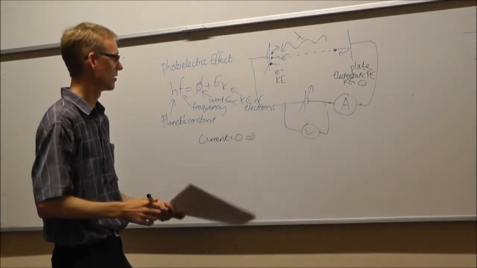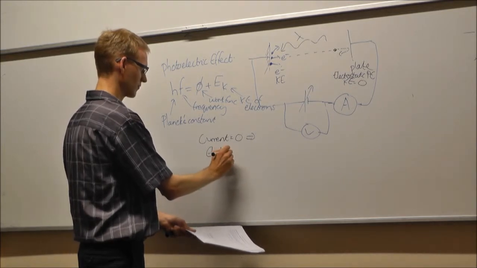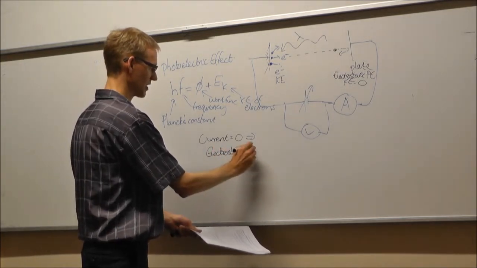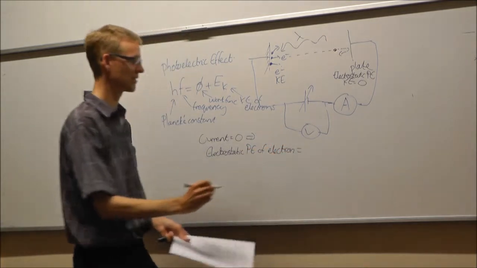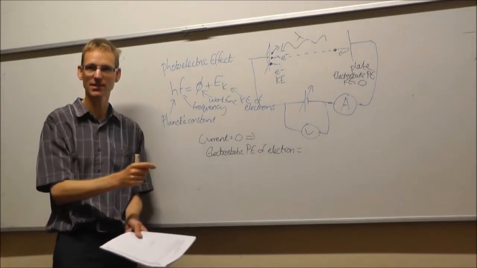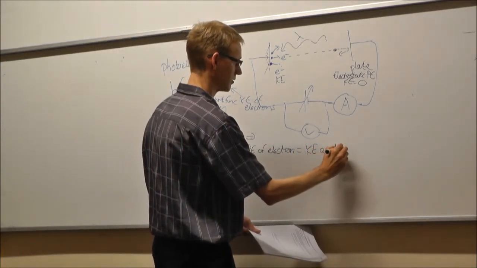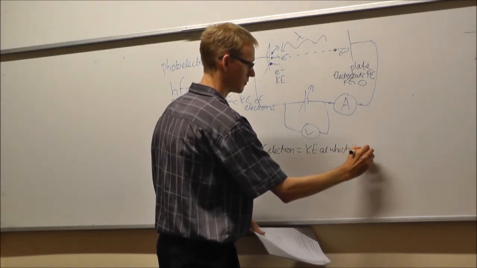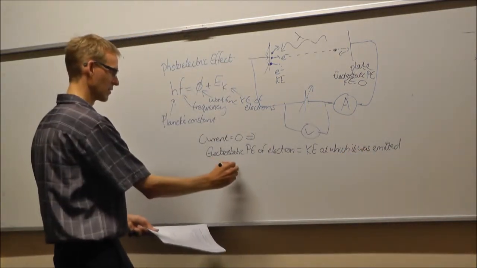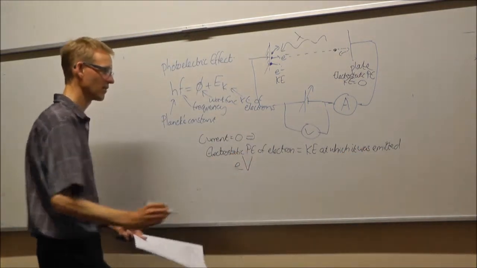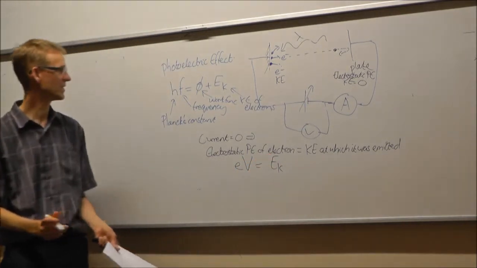So we know that the electrostatic potential energy of the electron equals the kinetic energy at which it was emitted. So, charge on an electron times a voltage equals the kinetic energy at which it was emitted.